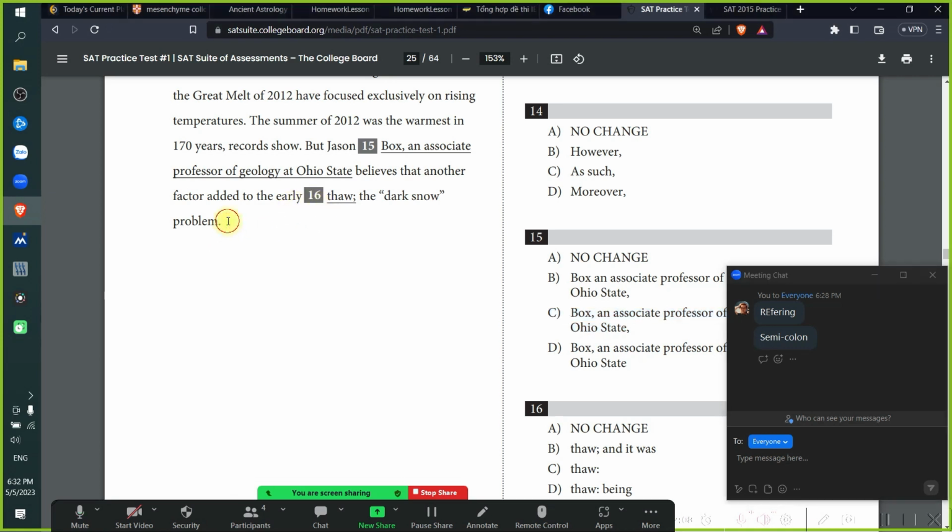So here they specify what another factor added to early thaw, right? Cái chỗ này nó nêu ra được rõ là cái factor, một cái nhân tố khác được thêm vào cái sự mà tan băng sớm. Nó nói cụ thể cái nhân tố gì, đó chính là vấn đề dark snow. So here they try to specify what exactly, what factor. So what do you choose for 16?